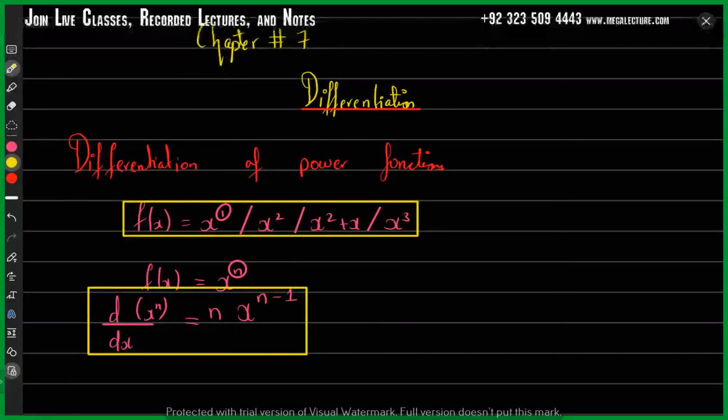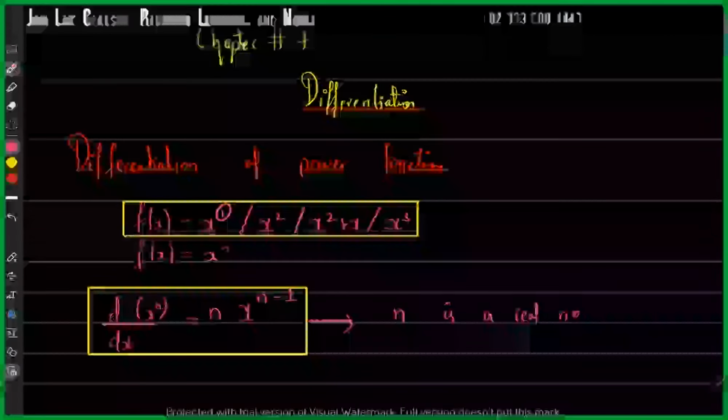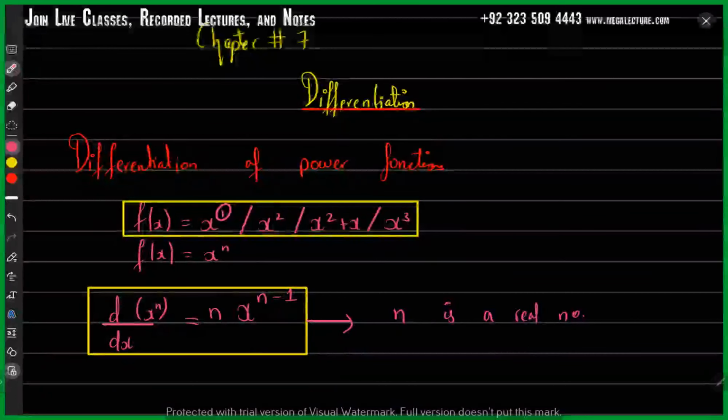Okay. And let me write it down here clearly. One second. f of x was equal to x power n, and as I've said earlier as well, n is a real number. Now, what is a real number? A real number is any number in maths.